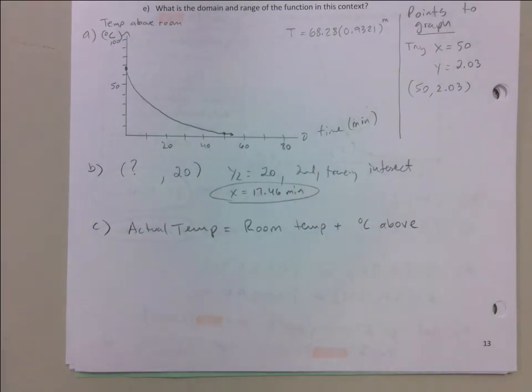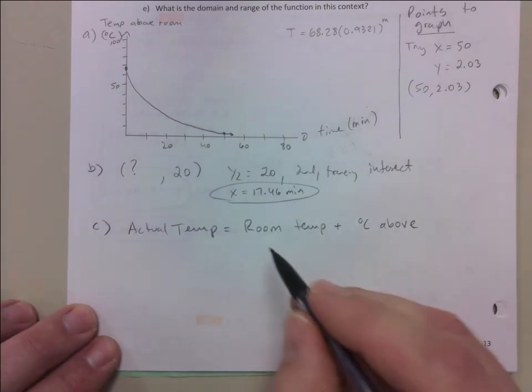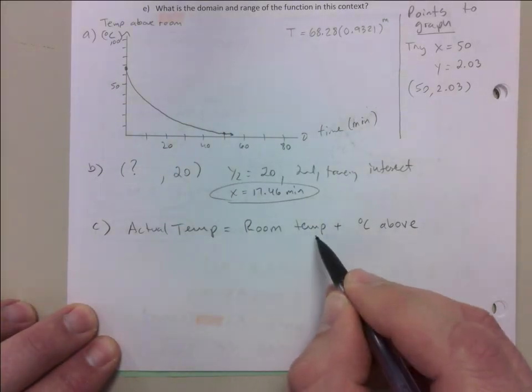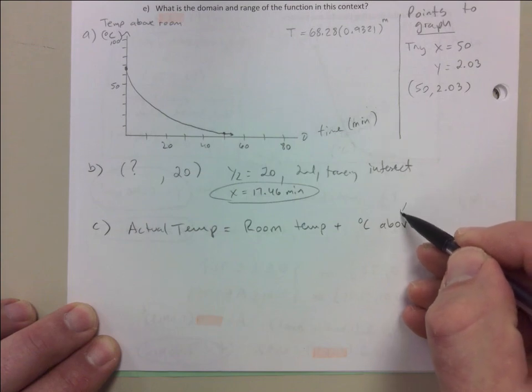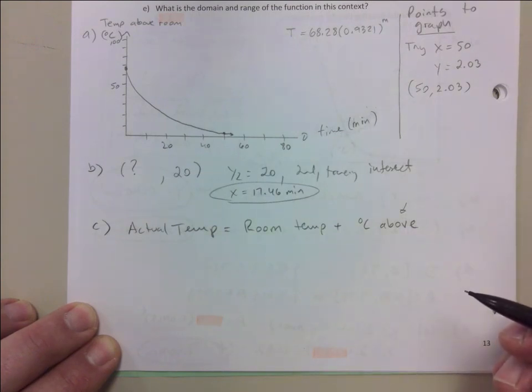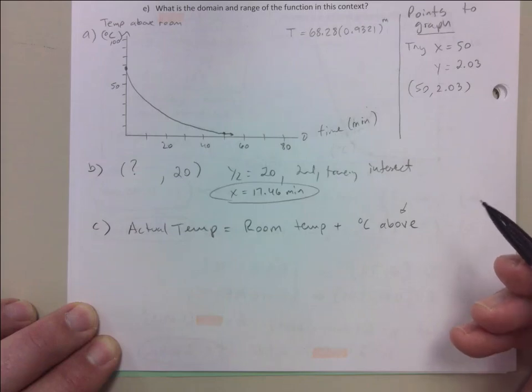That's the actual temperature of my hot chocolate. The room temperature, we already know, is 20 degrees. We need to figure out this after 30 minutes.